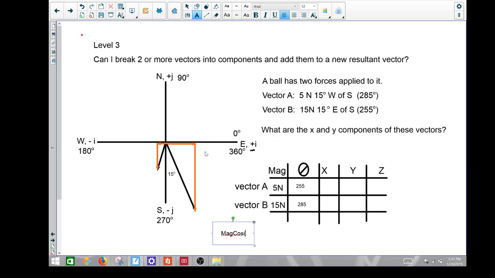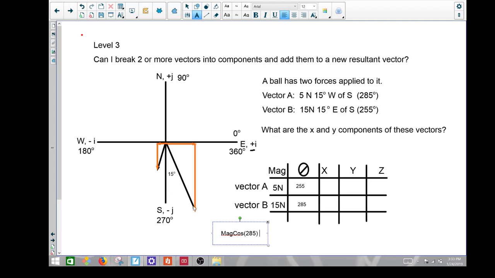That's from the 0 point, 90, 180, 270, 15 more degrees, 285, which is why I knew that this was backwards. This one's bigger than 270 by 15 degrees. This one's less than 270 by 15 degrees.